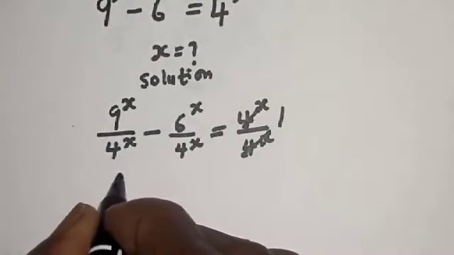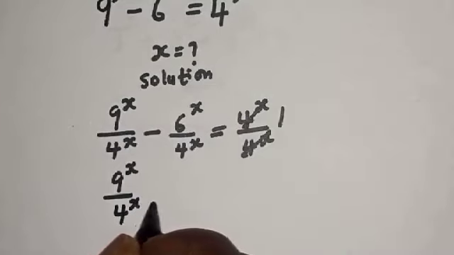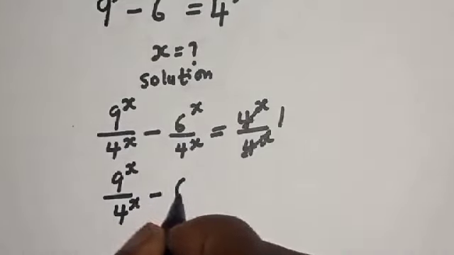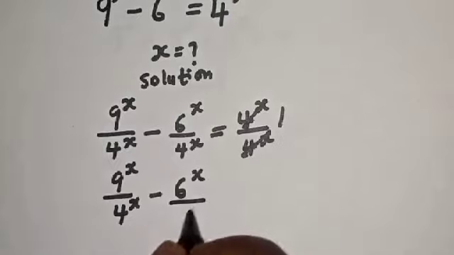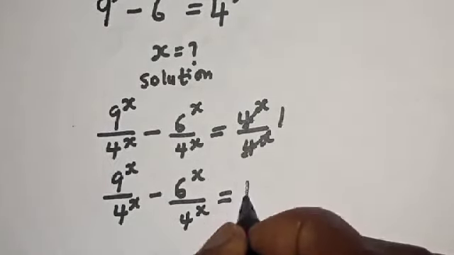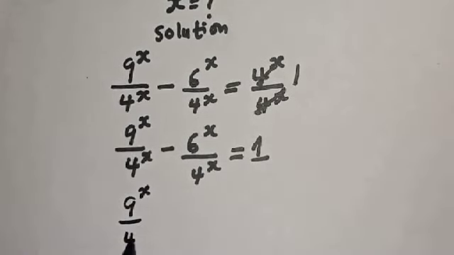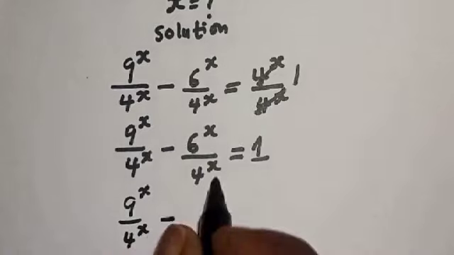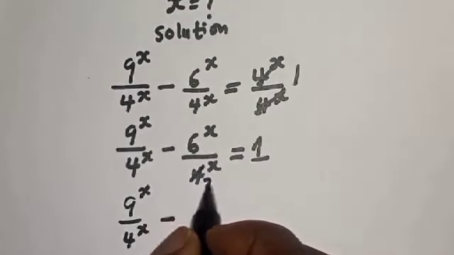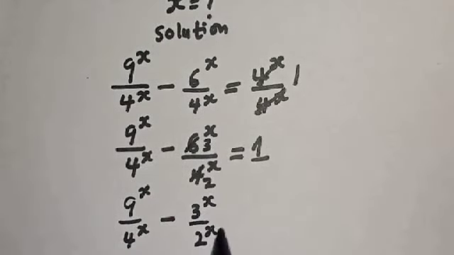We have 9 raised to power x divided by 4 raised to power x minus 6 raised to power x divided by 4 raised to power x is equal to 1. 9 raised to power x over 4 raised to power x minus, 2 here, 2 here, 3. We have 3 raised to power x over 2 raised to power x is equal to 1.